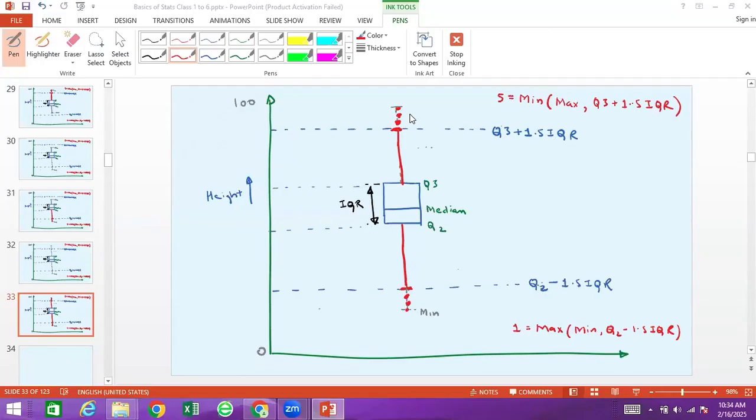So yes, in a way, the box plot is telling you what the outlier is, but this is a definition that you have decided on your own. This is not a standard definition. It is used by many people, but it is not a rule. No one can force me to say that anything greater than Q3 plus 1.5 IQR will be an outlier. But yes, it is one of the definitions that people use.